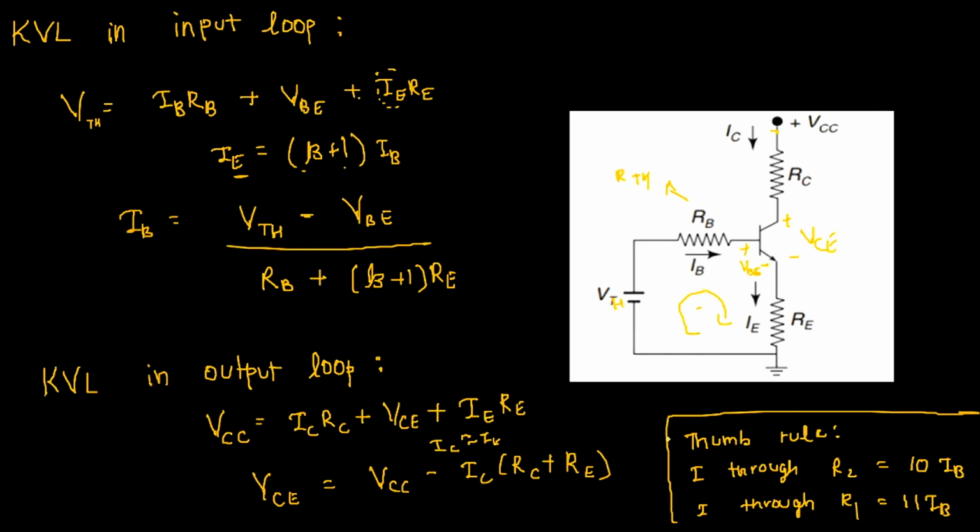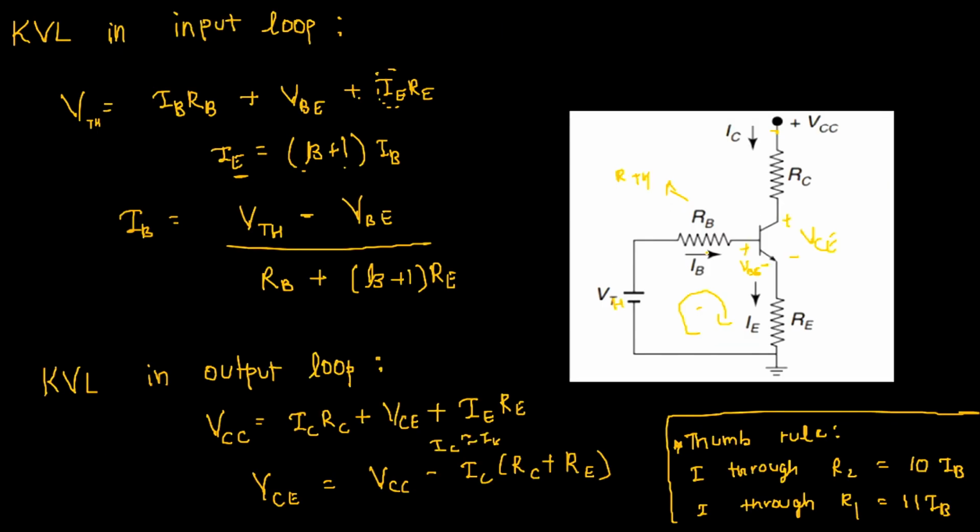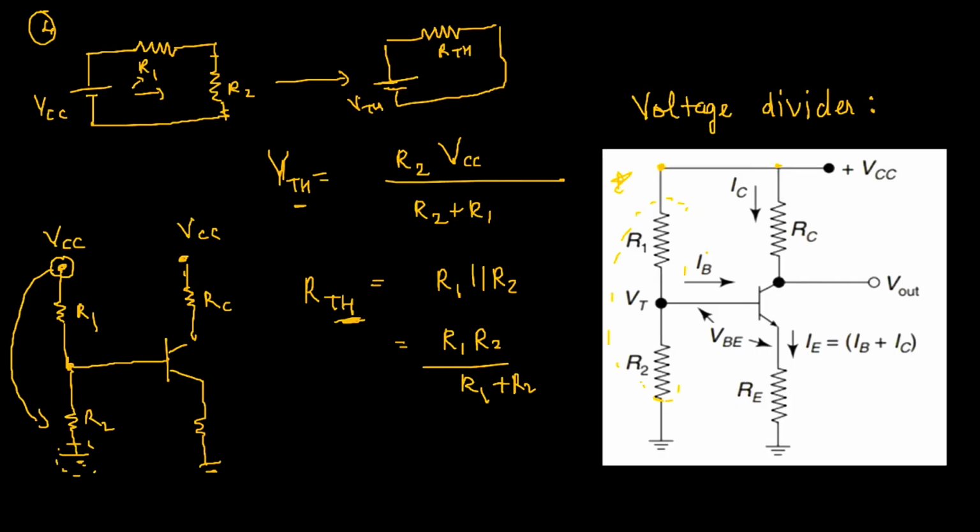Now there is a small trick that helps us solve questions, which is called the thumb rule. This is used when they give you a circuit like this, but do not give the value of either R1 or R2. So through this, we can approximately say that the amount of current that is flowing through R2 is 10 into IB, and the amount that is flowing through R1 is 11 into IB.